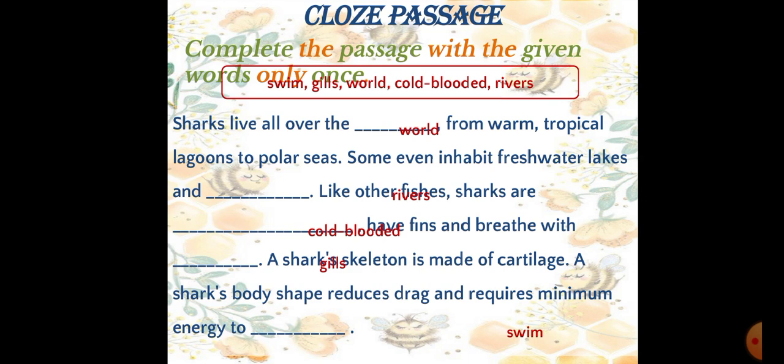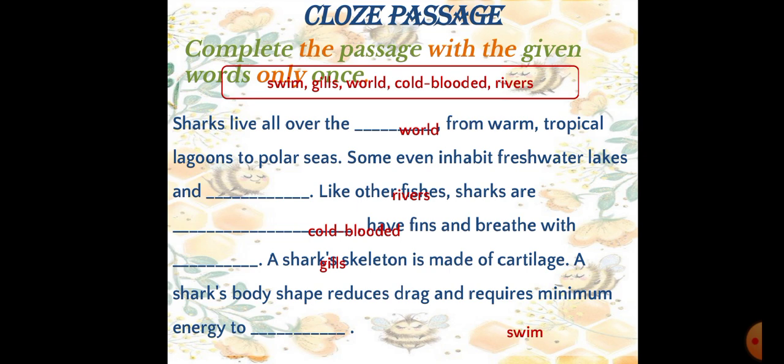Look at this: like other fishes, sharks are, of course, cold-blooded animals. Here no other word is matching. Are gills, switch, rivers matching? No. That's why I have to use cold-blooded.